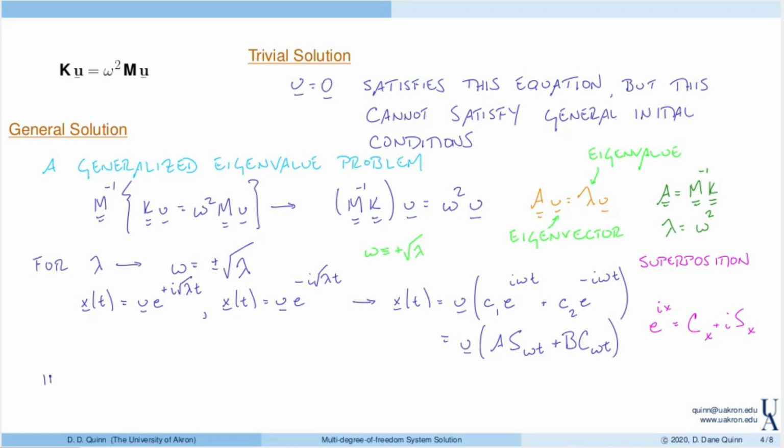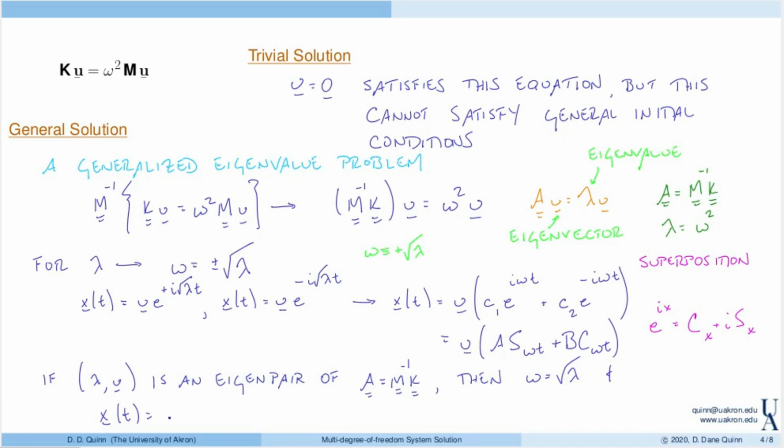So to summarize, if lambda and u, that is an eigenpair, and that's what I call the two of them together, of the matrix A, which is M inverse times K, then we can identify a frequency omega as the square root of lambda, and we have a solution of the form x is equal to the eigenvector times A sine omega t plus B cosine omega t.